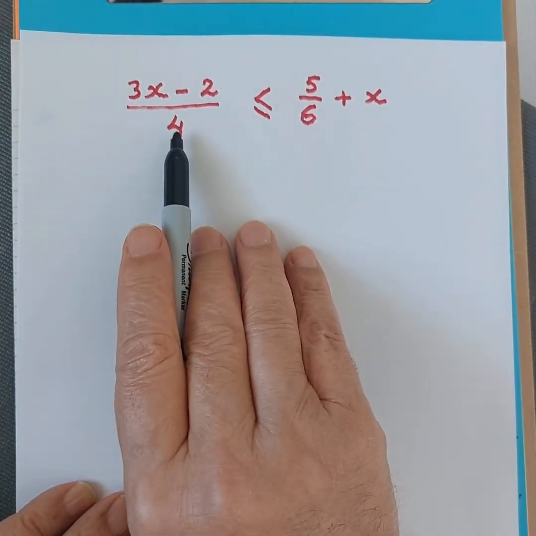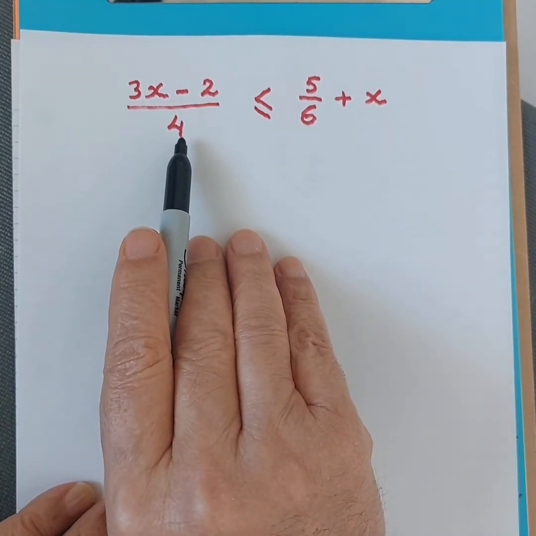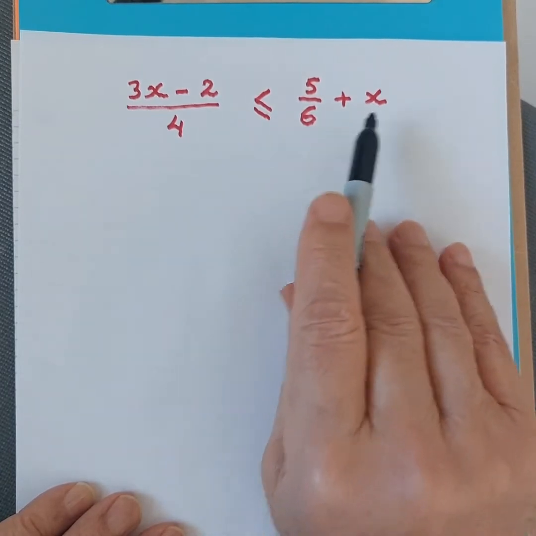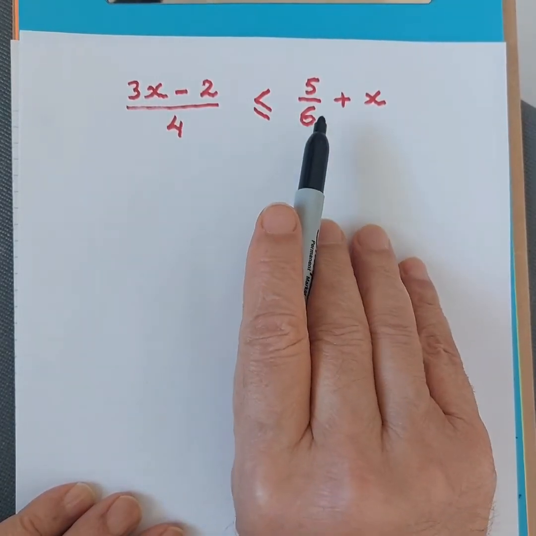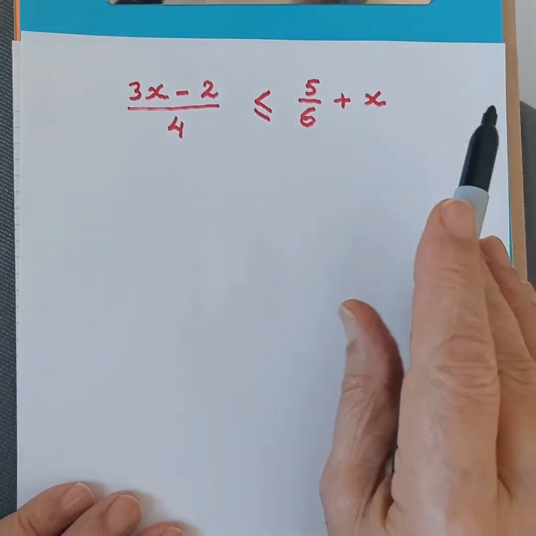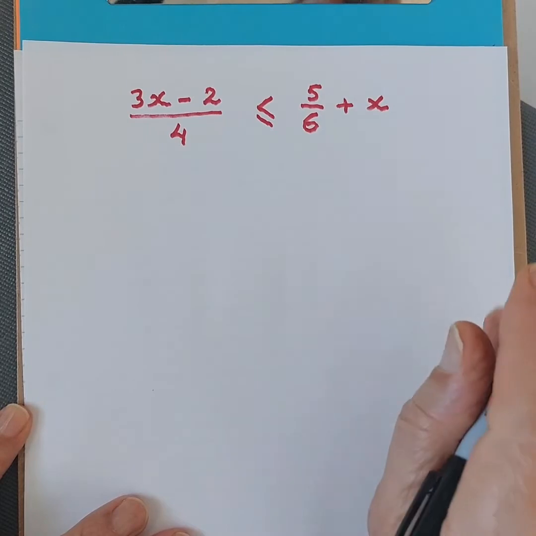Like they think to multiply by 4 to get rid of this denominator. In another step, they think to multiply by 6 to get rid of this one. Whatever the way you start, they will lead to the same result.